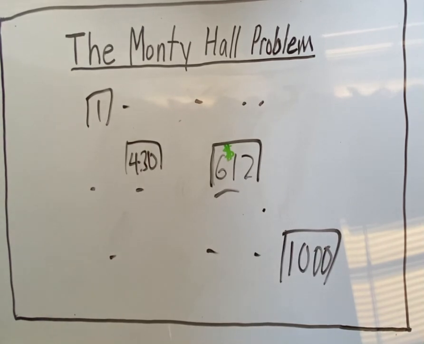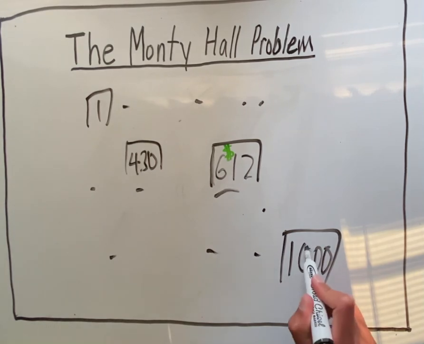And I think essentially what this should allow you to see is that by opening every door except for your door and one other door, the host is essentially pointing you to the correct door. And it seems quite intuitive when presented this way that the probability of you choosing correctly in the first place doesn't change by opening other doors.